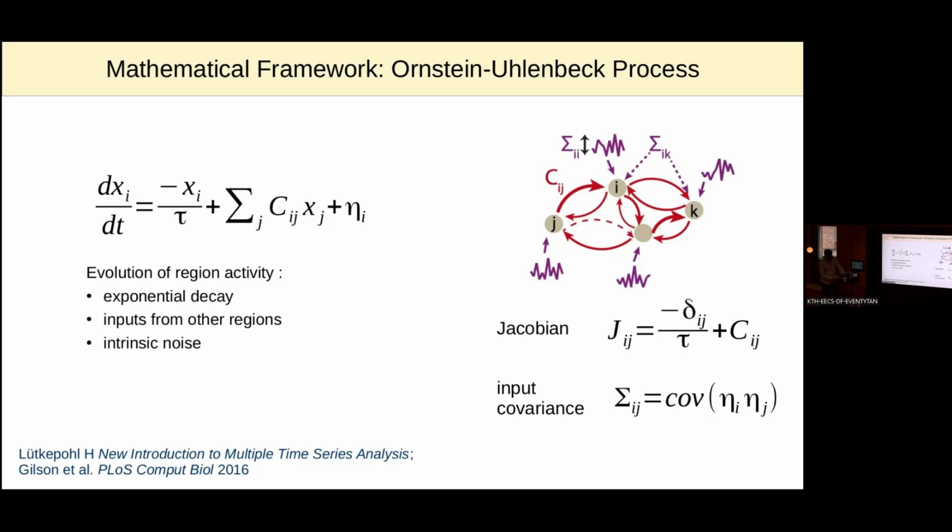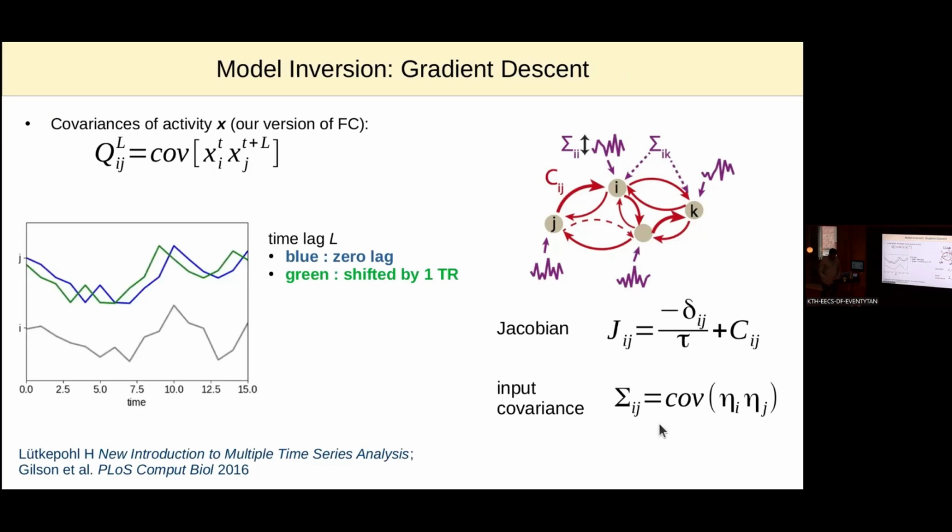What's good about this model is you've got two sets of parameters: the Jacobian, corresponding to the exponential decay and the connectivity combined together, and the covariance of the inputs. And when you analyze this model, what you should look at is the covariance of this activity.